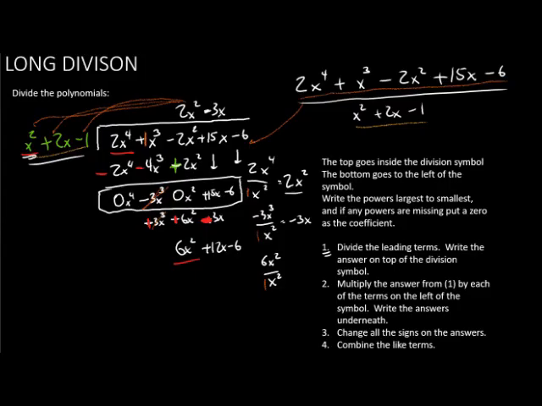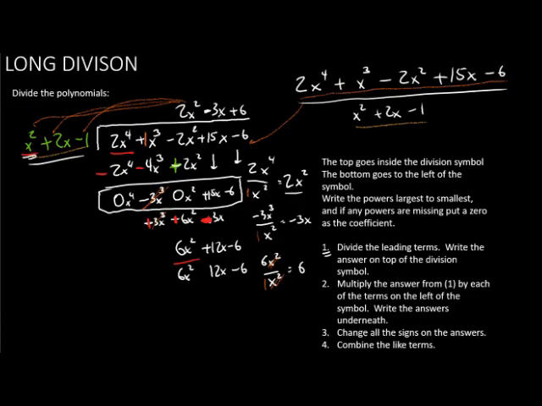If we divide, the x squares will cancel out and give us a constant that's 6 over 1 for 6. We'll write plus 6 as our next term, and we'll take that 6 times each of the terms on the left of the division symbol. If we take 6 times x squared, we will get 6x squared. If we take 6 times 2x, we'll get 12x. And if we take 6 times negative 1, we'll get negative 6.